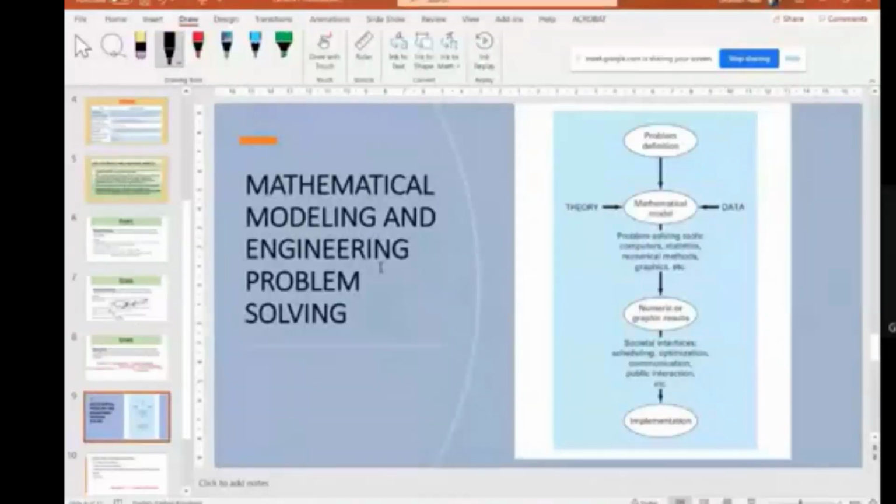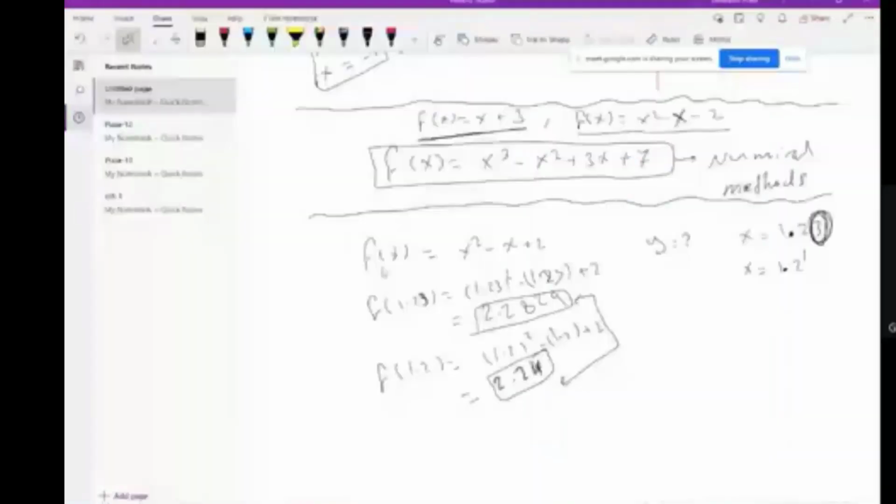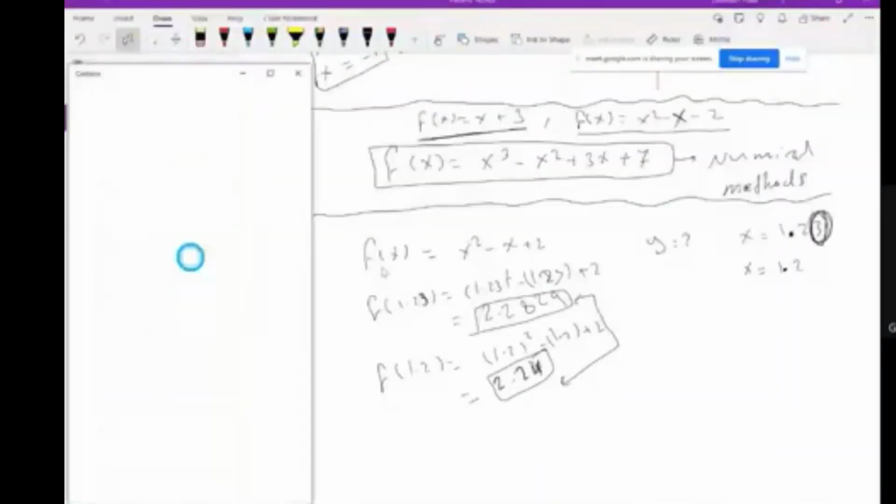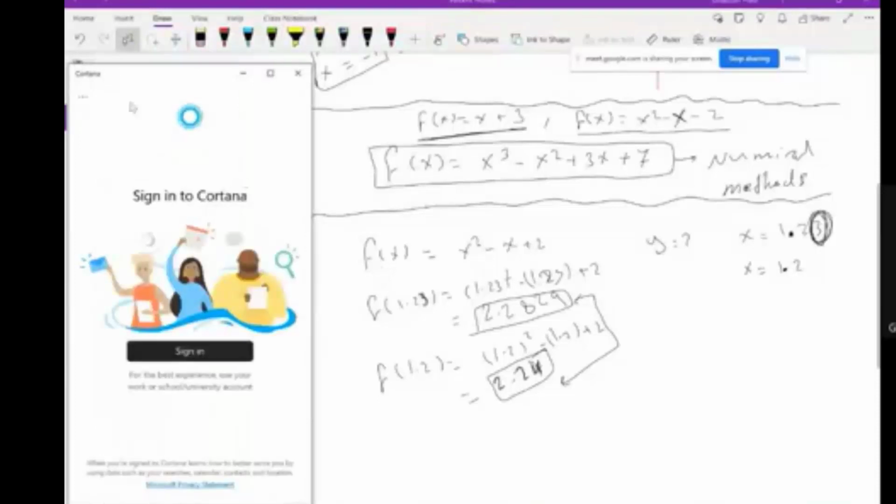Now, to solve an equation, we have a methodology. What does that mean?